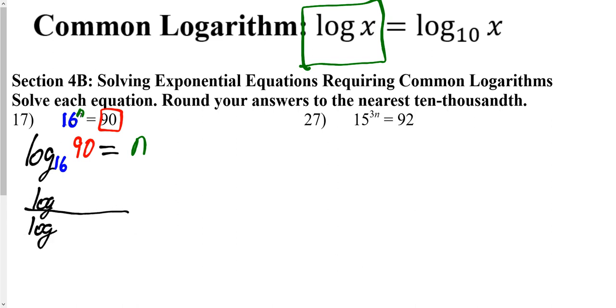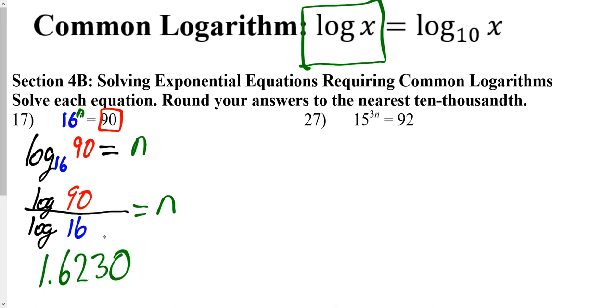So we go log of the 90 over the log of your base, which is the 16, and this is what we refer to as your calculator ready form. You can type it into your calculator just as you see it. You go log 90, close your parentheses, divide log 16, and when you type that into your handy dandy calculator, we would get this. Notice it said to the nearest 10,000, so that means 4 decimal points.